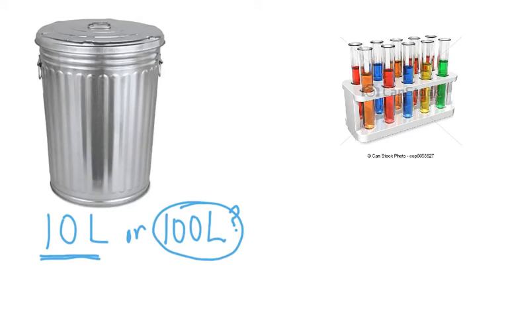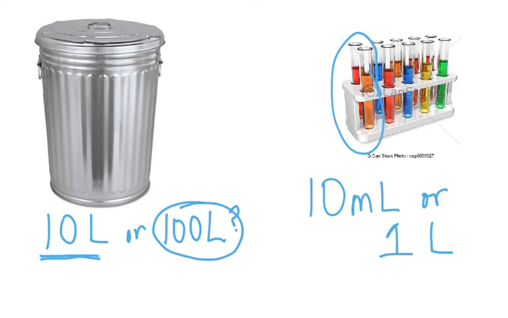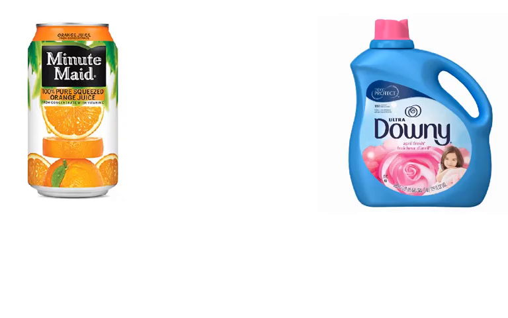And then looking over on the right, these are like test tubes and chemistry materials. Do you think one test tube could hold 10 milliliters or 1 whole liter? Just one of these. And obviously that test tube cannot hold a whole liter. So the correct answer would be 10 milliliters.